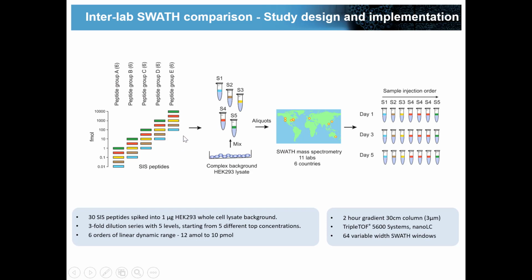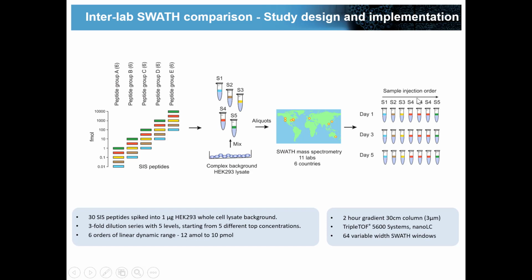But the lowest one started at 100 femtomoles on column and went all the way down to 10 attomoles on column. So essentially we covered 6 orders of dynamic range, but not with any one peptide. This is a little bit complicated, but it's a detail. And we shipped these samples out to 11 different labs around the world, and we asked them to inject these samples in a particular order.